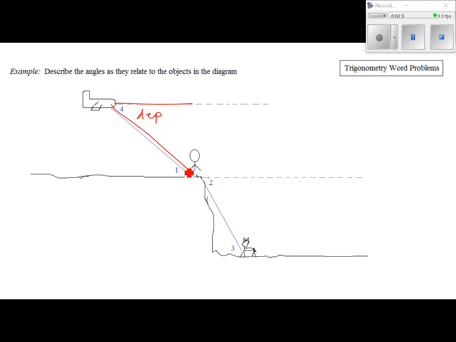If you're the person on the ground and you're looking up, angle of elevation. And these are congruent to each other, because if those 2 lines are parallel, then they're alternate interior angles, and they have to be congruent.